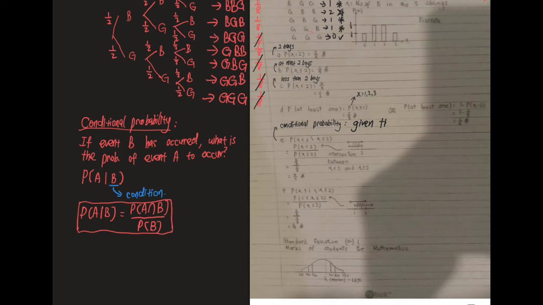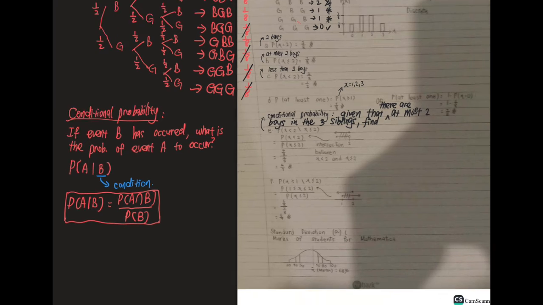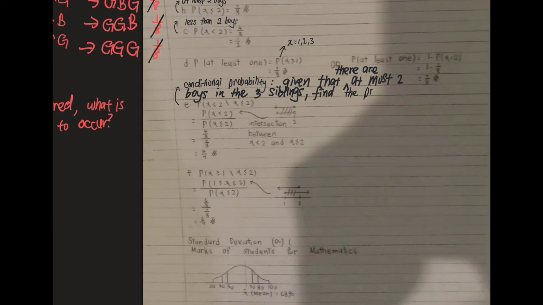Given that at most 2 boys in the 3 siblings, find the probability that there are less than 2 boys in the 3 siblings.